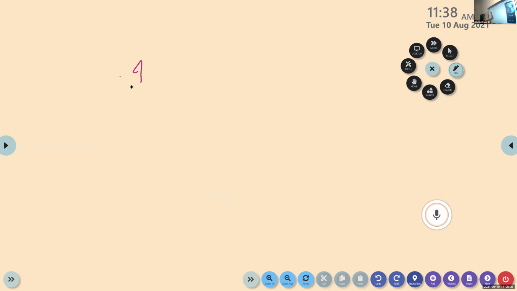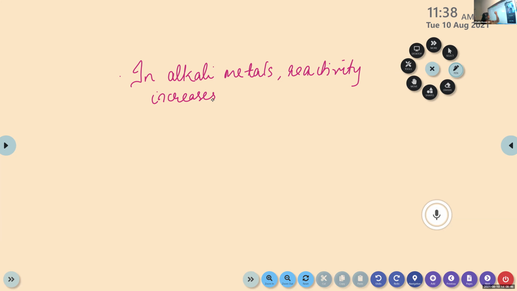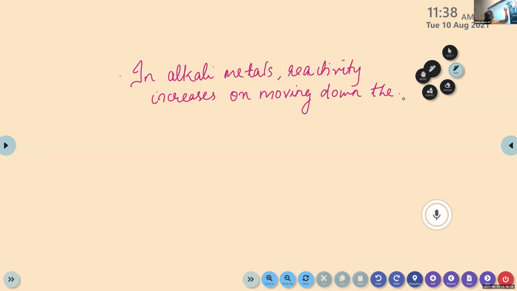So you can write there: in alkali metals, the reactivity increases on moving down the group. Alkali metals means group 1.